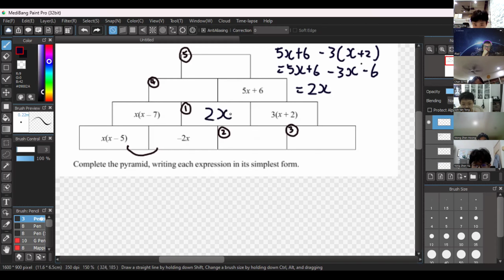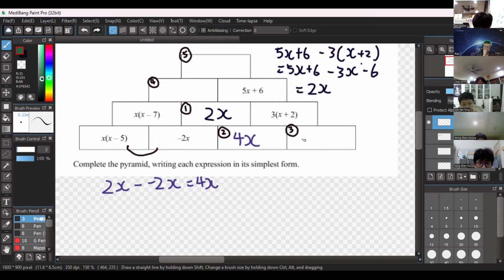So this one here will be 2x. Then moving on to the second one, it will equal 2x minus negative 2x. Negative negative becomes positive, so it will become 4x. So this one here is 4x.